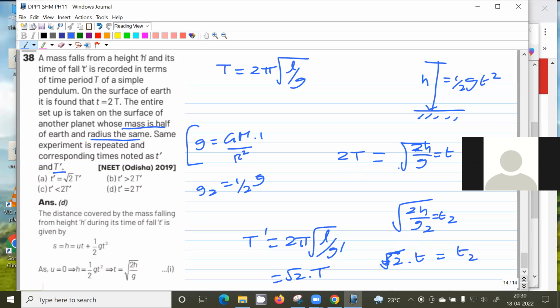Yeah, T is 2T. And in terms of T prime, it is T prime by root 2. My God.